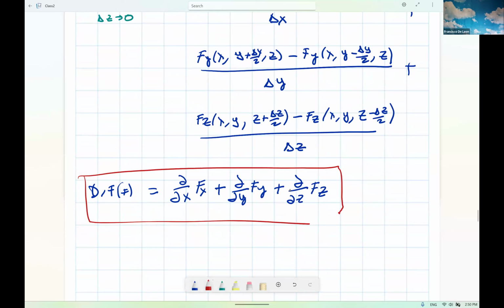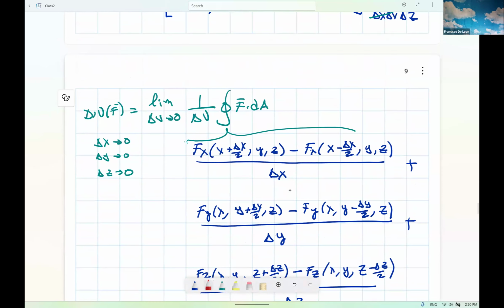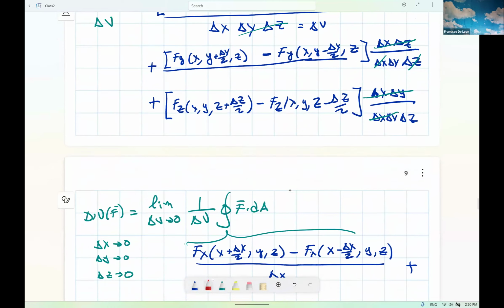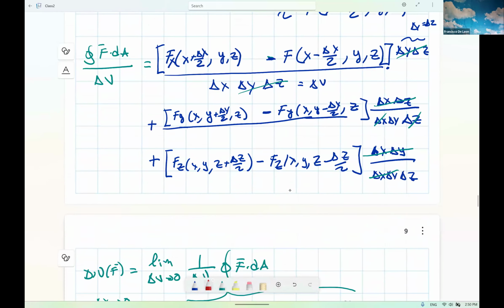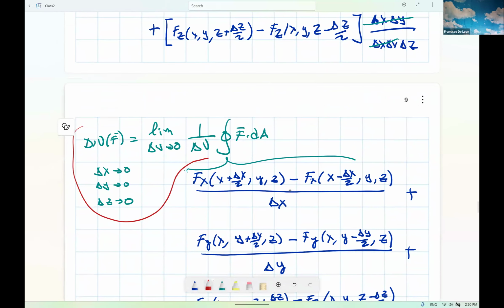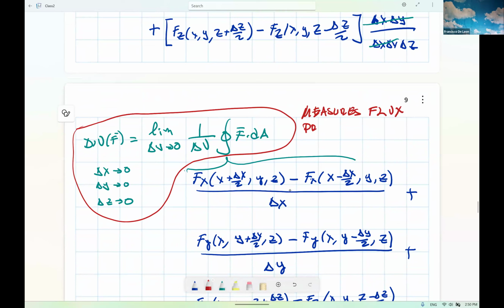Well, this is the greatest thing you can imagine, because it means that the tool that we have decided on, this one over here, measures flux produced at a point.